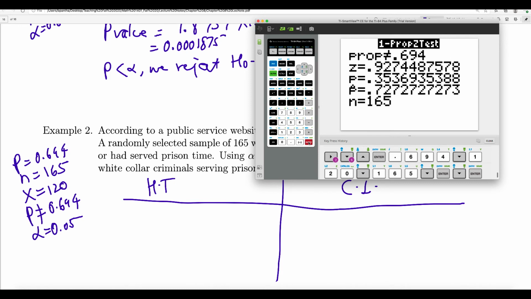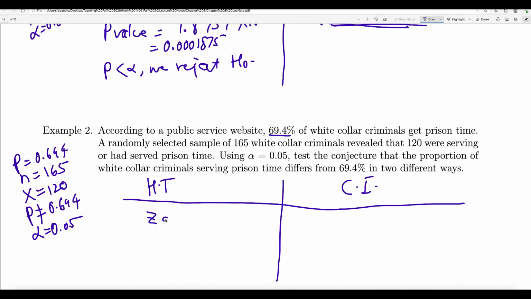So what do you get? The z is 0.9274 and the p value is 0.3536.